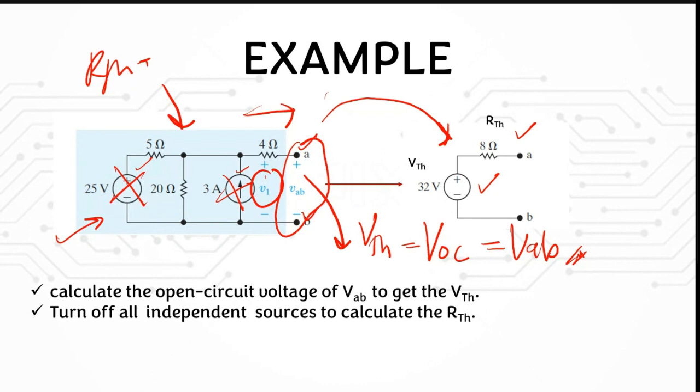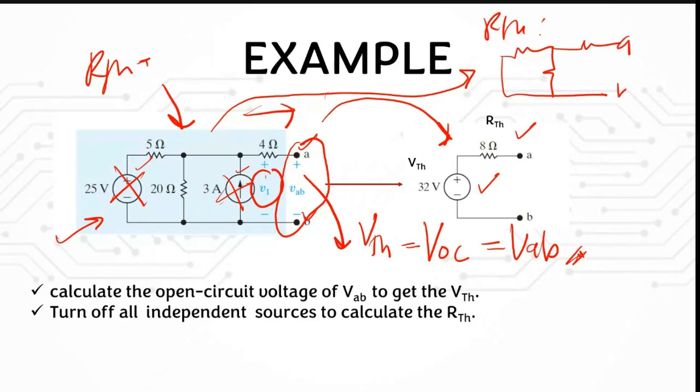For example, if you redraw this circuit, you turn off the source. Now if you redraw your circuit, you will have only this, with your 5, 20 and 4 ohm resistors and the terminals. You can get this RTH by using series and parallel resistor techniques.